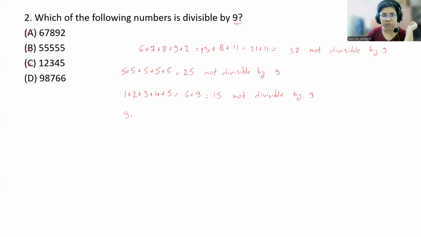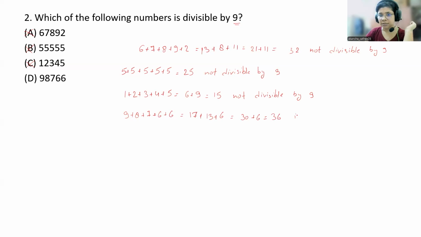So we are just left with the last one. 9 plus 8 plus 7 plus 6 plus 6. Let's look at this. 9 plus 8 is 17. 7 plus 6 is 13, plus 6 is 19. 17 plus 19 is 30 plus 6, and that is equal to 36.